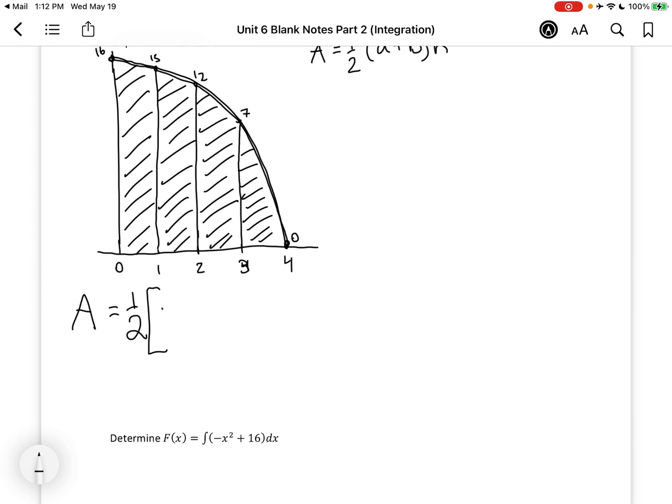And then the a plus b times h, I can do all of that on the inside. So for the first one, the a plus b times h would be 16 plus 15 times 1. And the second one would be 15 plus 12 times 1. And for the third one, it would be 12 plus 7 times 1. And then for the fourth one, it would be 7 plus 0 times 1.